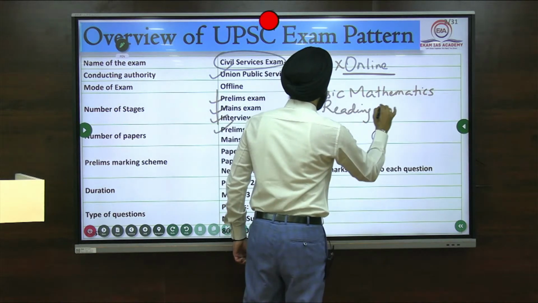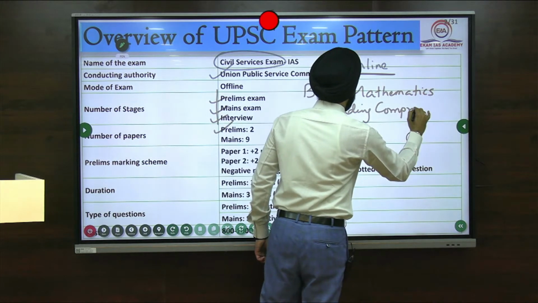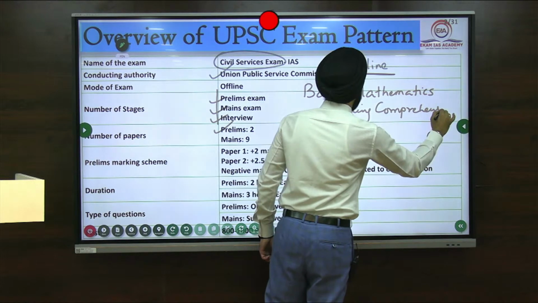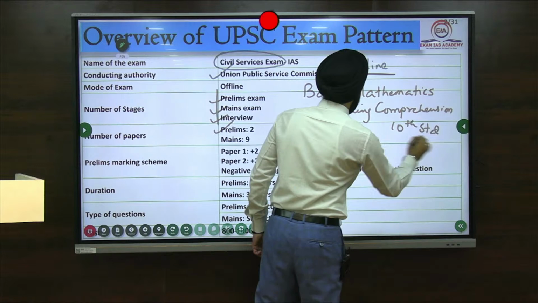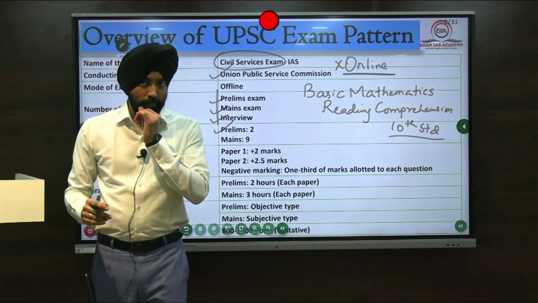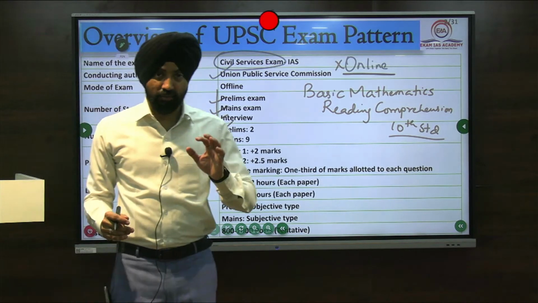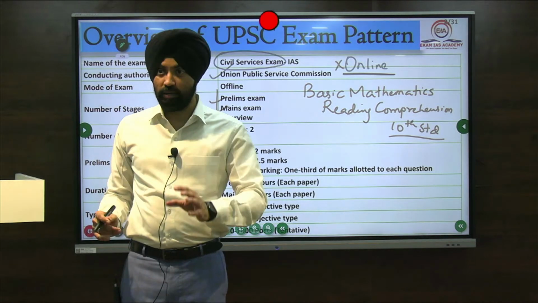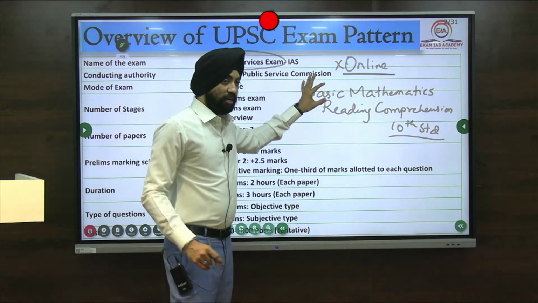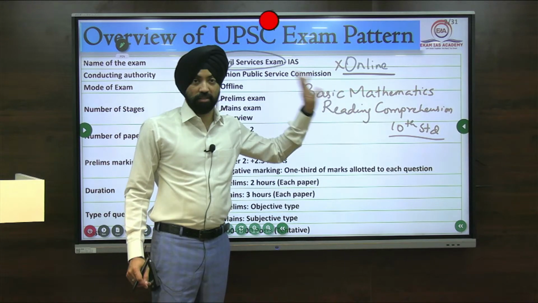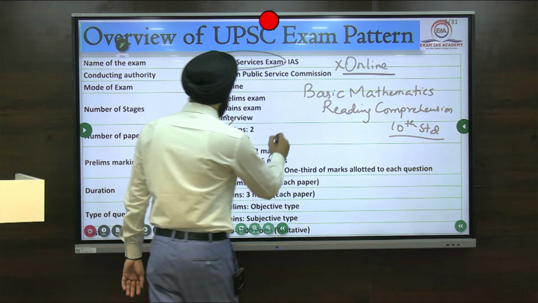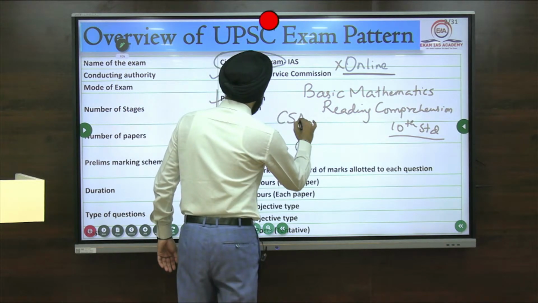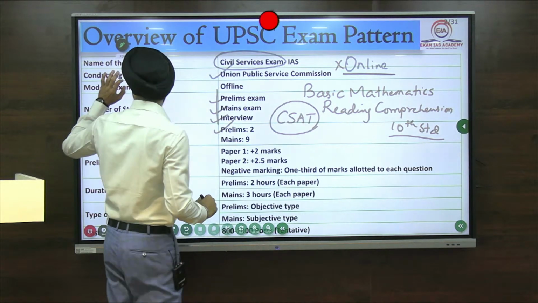In this Csat paper, the level is basically not even 10th standard. So they try to keep it as low as possible. But believe you me, students even from BTech and MTech backgrounds have failed in this examination year after year.